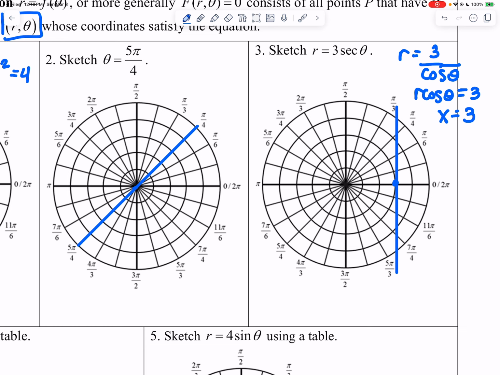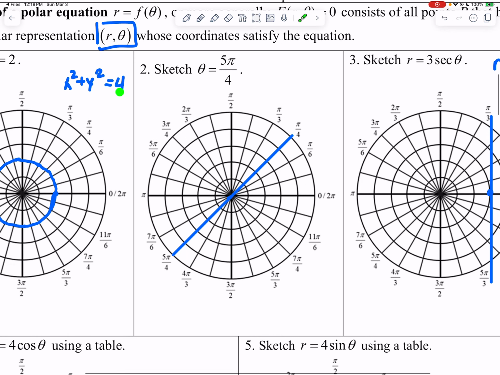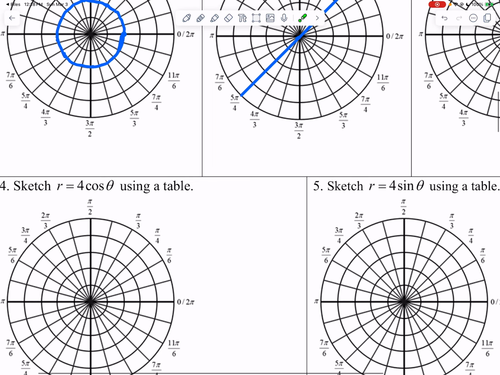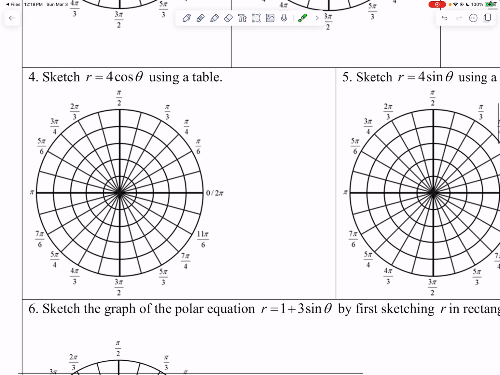Now, for number 1 and number 3, we converted my polar equation into rectangular coordinates. So x is equal to 3, and then x squared plus y squared is equal to 4 to verify my answers. Sometimes that won't be the case just because your polar equation might look wonky.